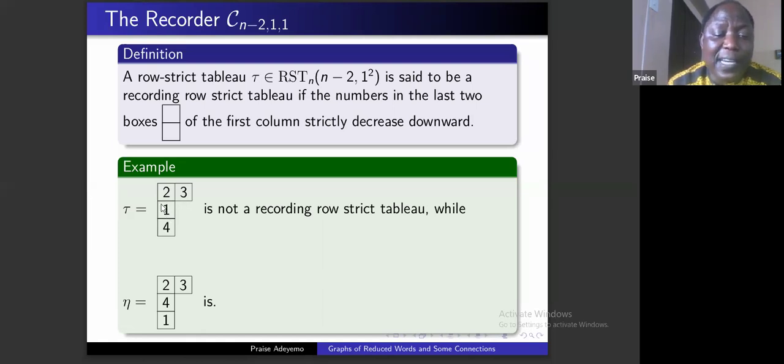If you look at the first column, the last two boxes have the numbers 1, 4. So this is not a recording tableau. But if you look at this one, 2, 3, and the last two boxes are 4, 1. This is what we call a recording tableau, and we are going to look at the set of these later on and see how we are going to make use of this.